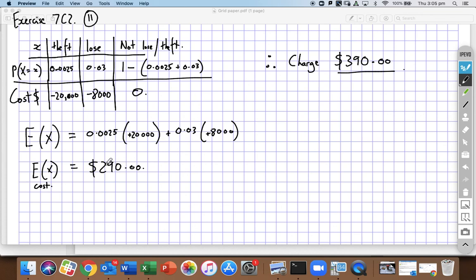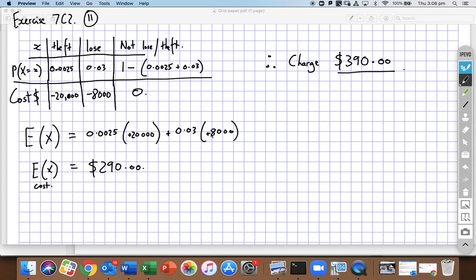And then you could think, well, if that's a loss and they actually want to make $100, they would have to charge $390. So it's always worth trying to think through things logically, and don't necessarily worry too much about having the perfect equation for these real world problems.